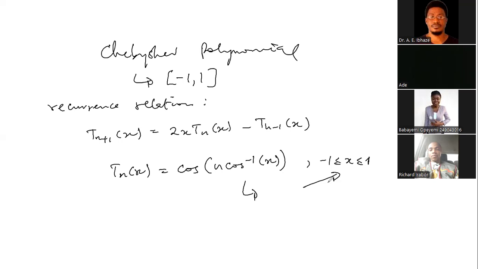Okay. And also, it should be noted that the Chebyshev polynomial satisfies orthogonality, because we know for us to say that two functions are orthogonal, then it means that the inner product of those functions, say by Ti, Tj, must be equal to 0.